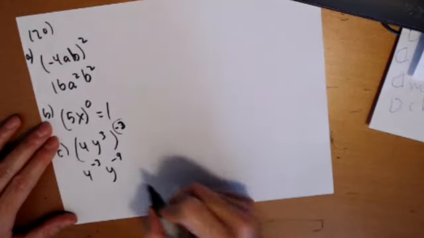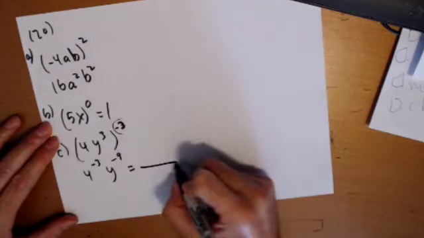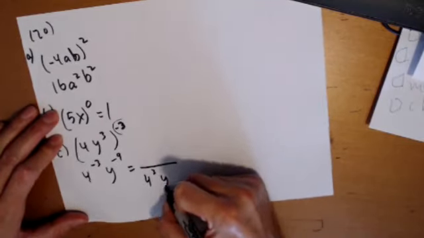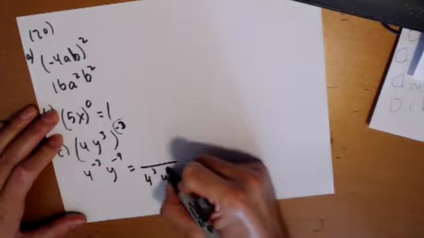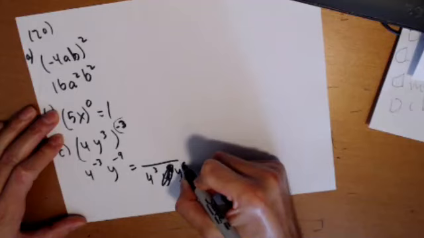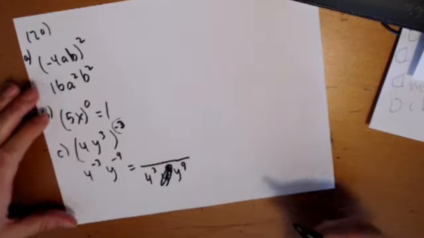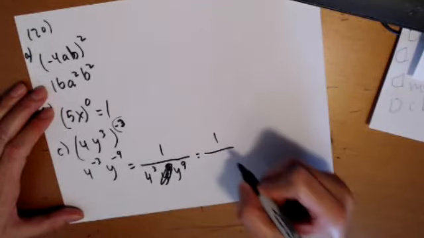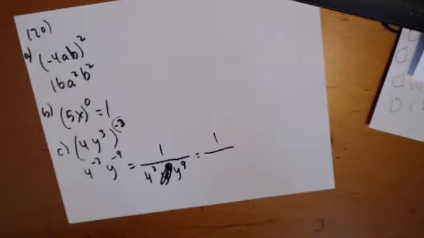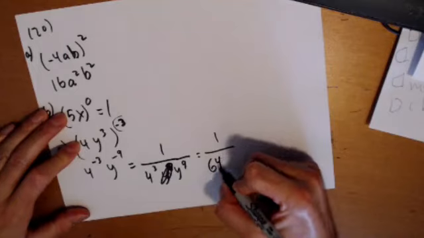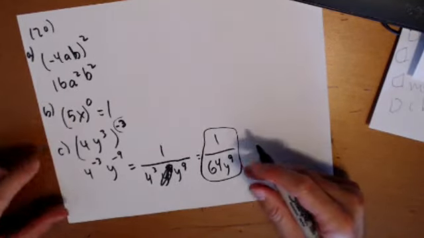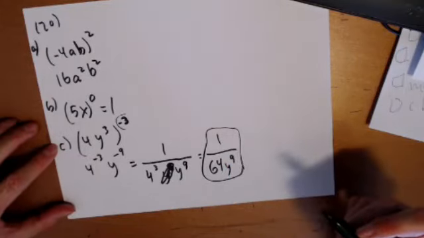Now these are all technically upstairs, so let me move them downstairs. 4 cubed, y to the 9th. And upstairs is technically not nothing, there's a 1. So that's going to be 1 over 4 cubed, which is 4 times 4 times 4, 64, y to the 9th. Aha. Make sure you're cool with that one.